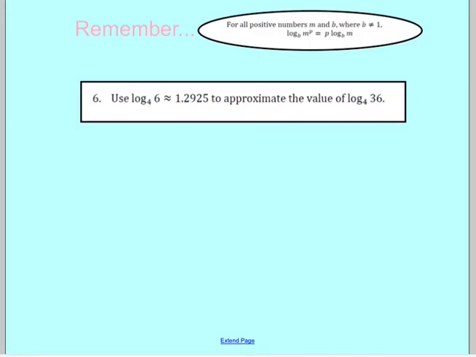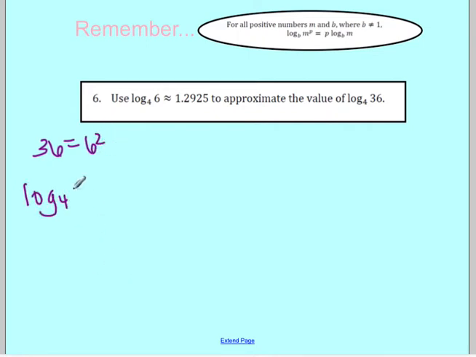So let's look at example 6. We are going to use log base 4 of 6 is approximately 1.2925 to approximate the value of log base 4 of 36. So I know log base 4 of 6, and I know I can use my power of power rule. So how could I rewrite 36 as a power of 6? Well, we all know that 36 is actually 6 squared. So I'm going to rewrite it as 6 squared.